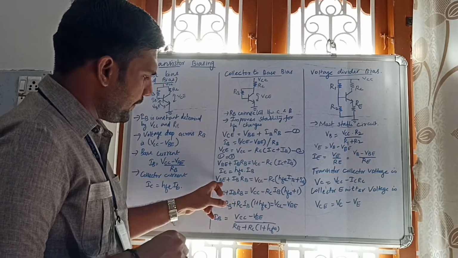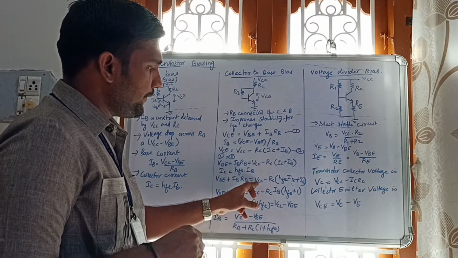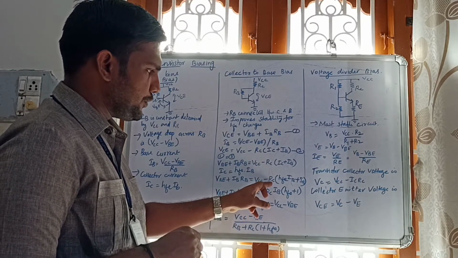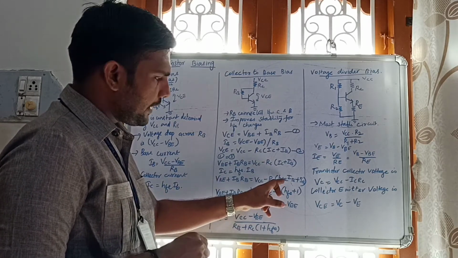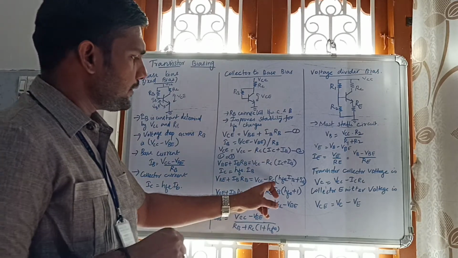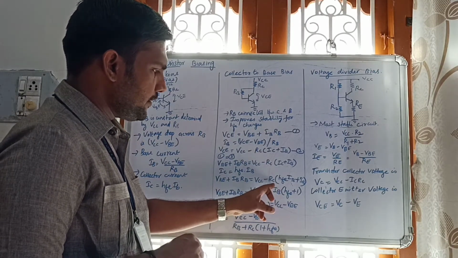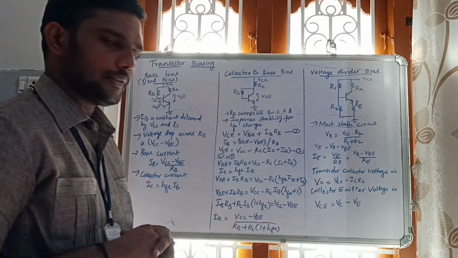VBE plus IB RB is equal to VCC minus RC into, instead of IC, HFE into IB plus IB. Then bring IB outside: minus RC into IB, HFE plus 1.